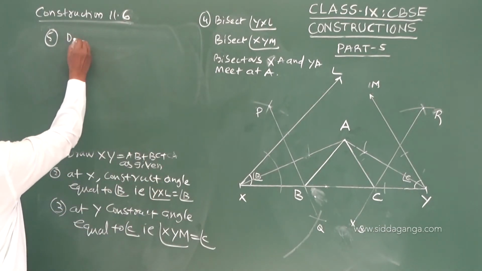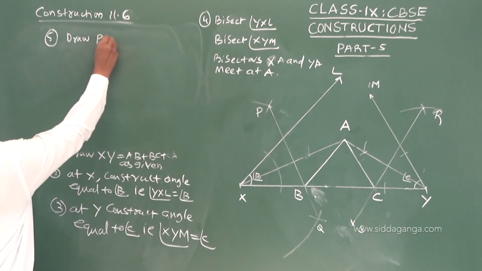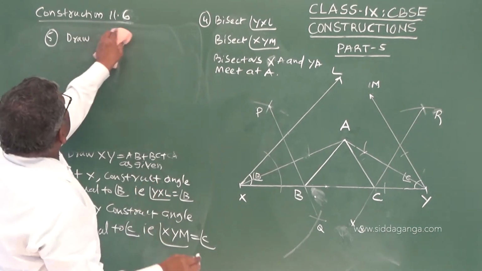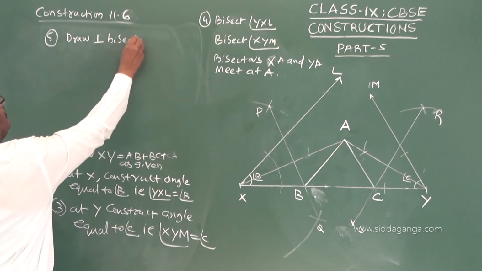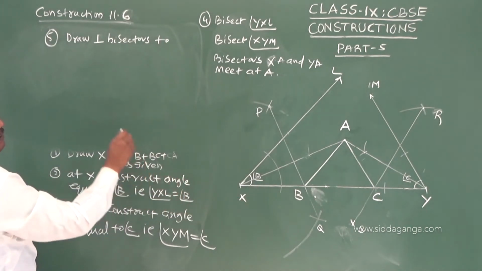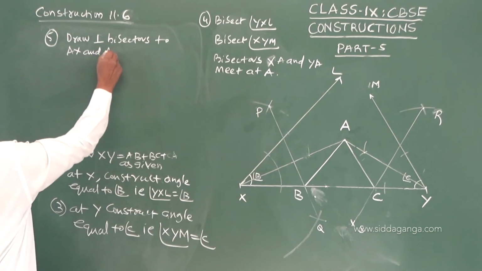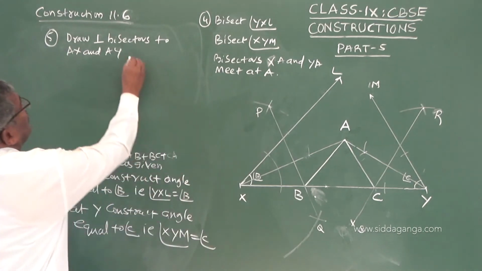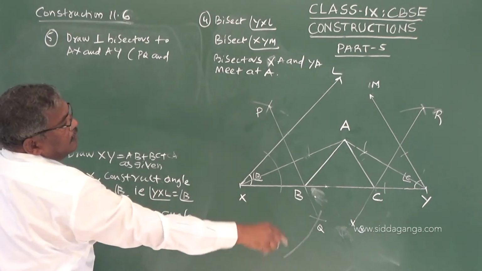So draw the perpendicular bisectors to AX and AY. So that is PQ and RS.